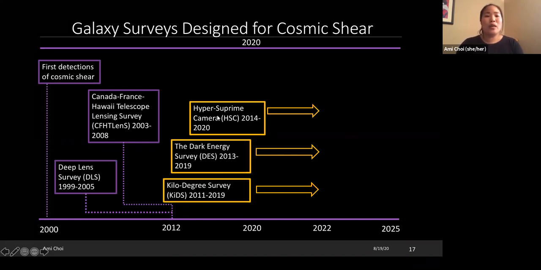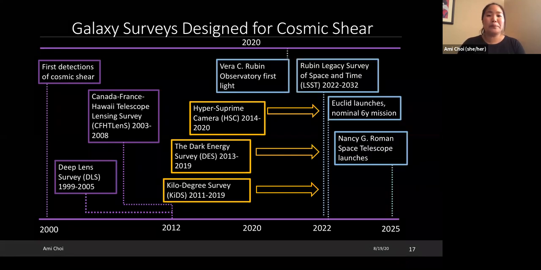Hyper Suprime-Cam survey started a little bit later. They may still be taking some observations, but are set to complete fairly soon. And they've also had some cosmological results released already. Looking a little further afield, we have the Vera Rubin Observatory, which originally was slated to have its first light at the end of this year, but for COVID-related reasons, this has been pushed back a little bit.